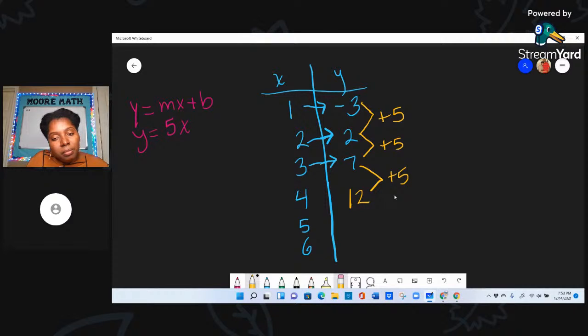What's the next one? 17. Good. And then we're going to add 5 again. 22. Excellent. Okay. So it seems like you're getting that part in terms of finding the pattern, right? That it's going up by 5. Right? Yeah. Good.